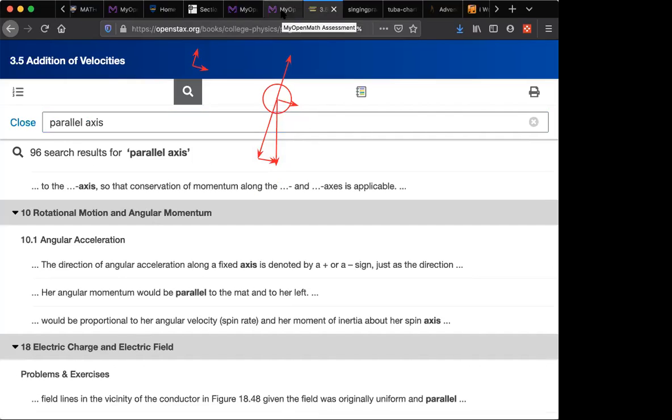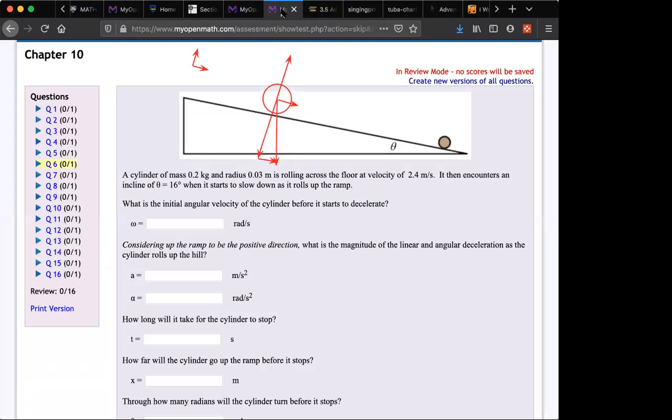I'd have to try a couple of other solutions to see if it's possible to do without it, but I don't think it is. Let me think it through really quick. Just hold on a minute. I'm going to talk to myself for a few minutes and see if I can find a way to solve this without the parallel axis theorem.